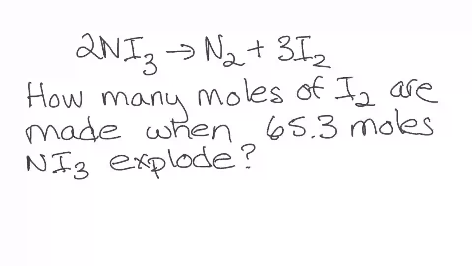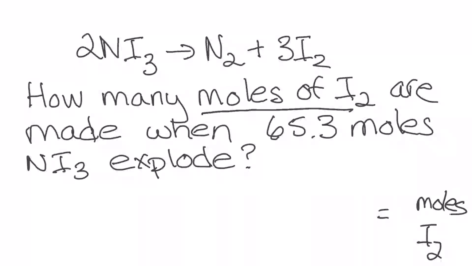So I've set some up here. So here's our equation again. And the question is, how many moles of iodine are made when 65.3 moles of nitrogen triiodide explode? So we use our same problem-solving skills, and we're going to start with what are we looking for? And that's moles of iodine. So I'm going to write equals moles of iodine.